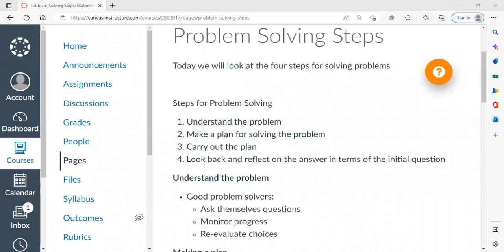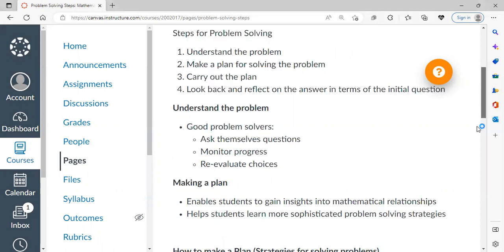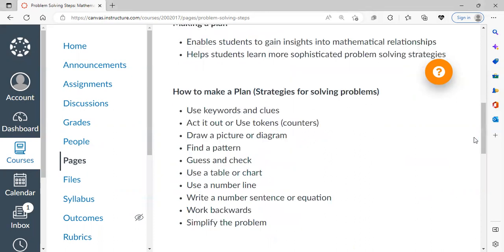All of those things that I just mentioned are parts of a plan. So that's the second step in the problem solving process, to make a plan for solving the problem. So we can make a plan, and that is basically finding a problem solving strategy.